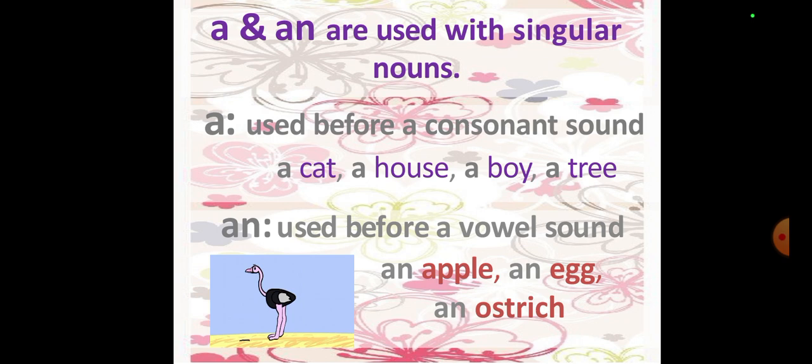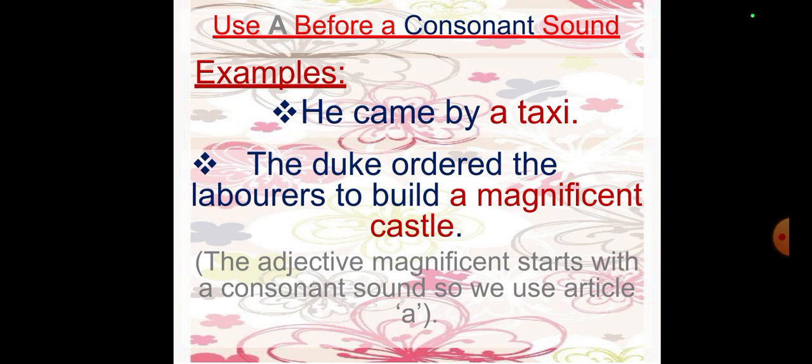The main thing is sounds, not the words. Use a before a consonant sound. For example, he can buy a taxi. First of all it's singular, and taxi starts with a consonant sound.